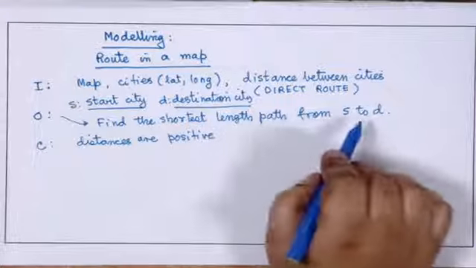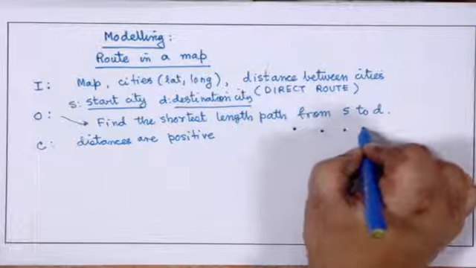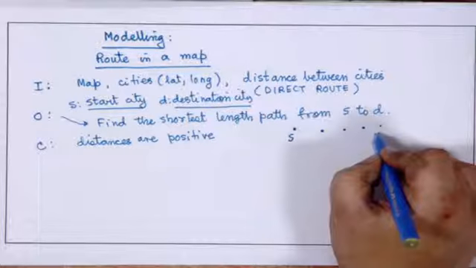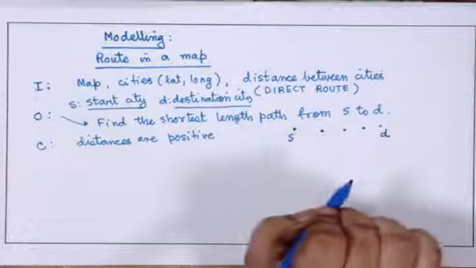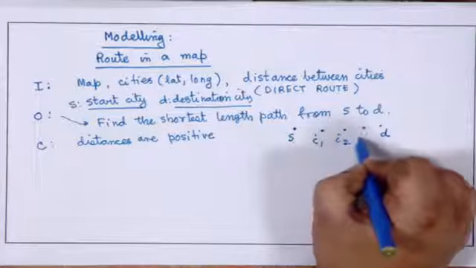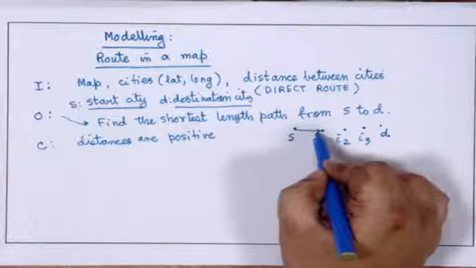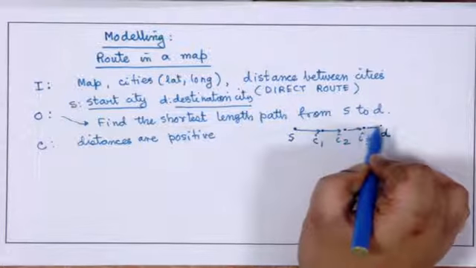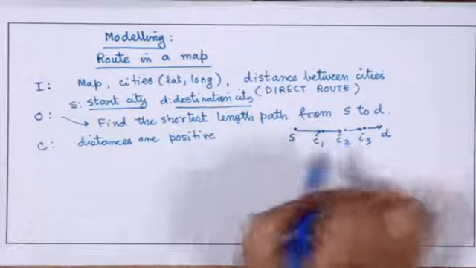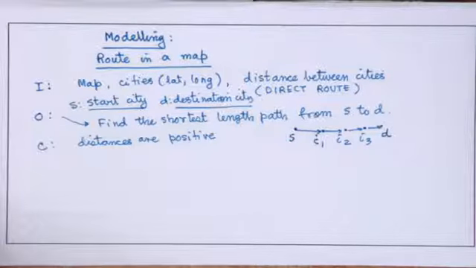And the shortest length path will be defined as a sequence of cities where the first element in that sequence is the city S, the last element in that sequence is the city D, and there may be some intermediate cities I1, I2, I3, etc. And the length of the path is the sum of the distances on this sequence of cities between the intermediate cities. So, this is the problem given to you.